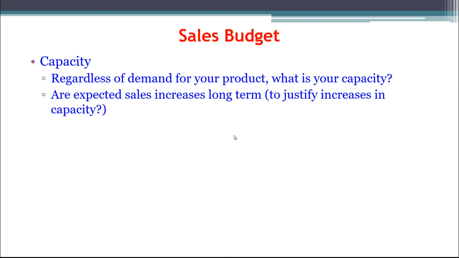Because if it's just short-term, we don't want to necessarily invest in long-term capacity, because then we'll have excess capacity in future years. But if they are long-term, and if we want to be in that market with a larger market share, maybe we would invest to increase that capacity. All of these things come into play.